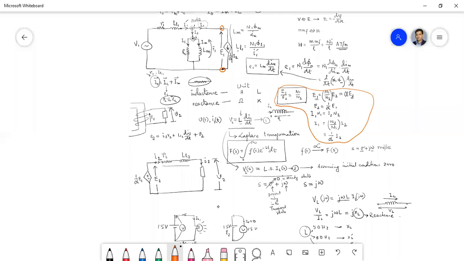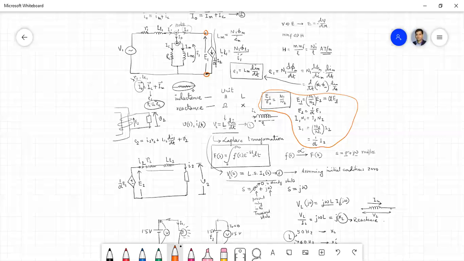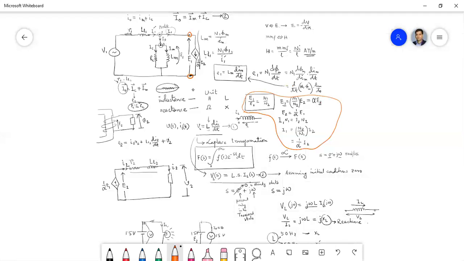Now you can change the side, then the names will be different. So the primary and secondary coil are not constant for a transformer. Now for this, the circuits I have drawn here, one for the primary, another for the secondary, are basically the equivalent circuit of the primary and the equivalent circuit of the secondary. Now the equivalent circuit of the transformer is different.